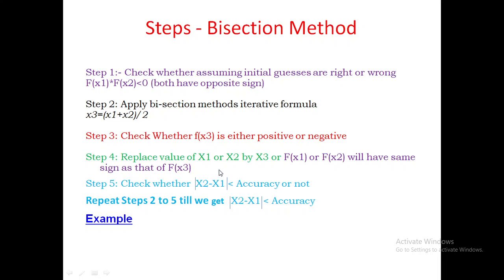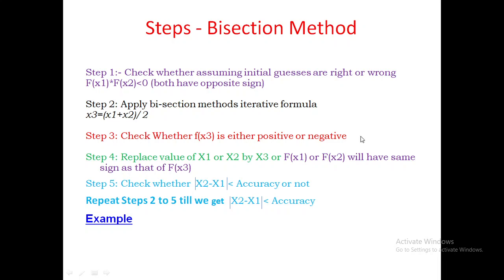And in the last step, you have to check whether the mod of x2 minus x1 is less than the accuracy or not. In some examples you are given the accuracy, they require 0.001 or 0.01. You have to check whether x2 minus x1 is less than the accuracy or not.